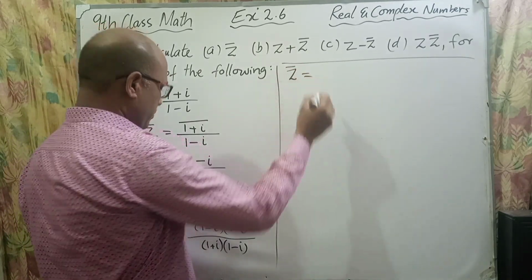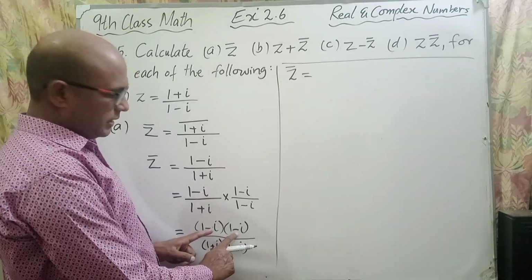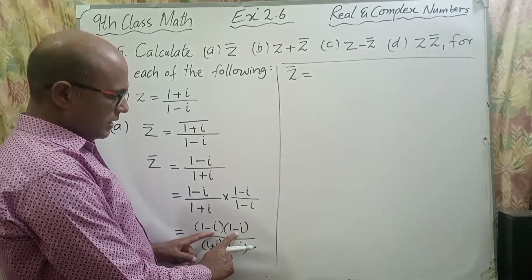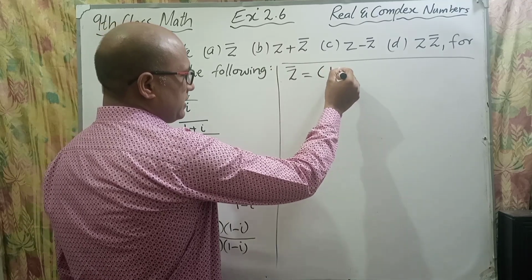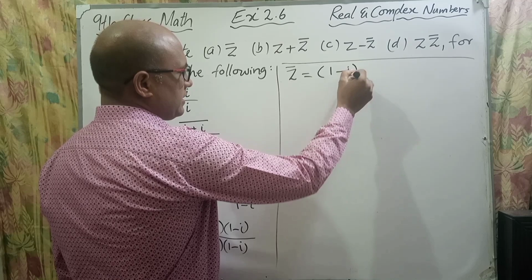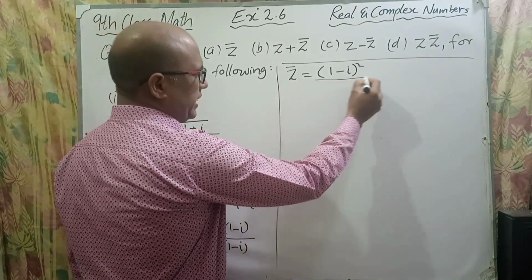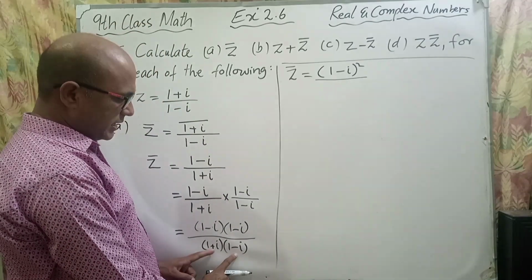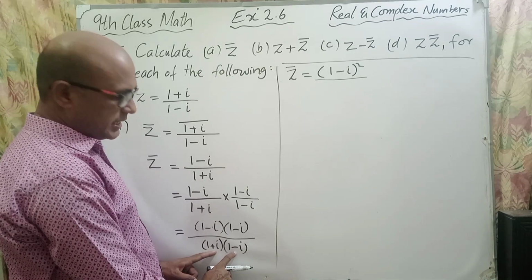Z bar is equal to, look at the numerator, both of these brackets have the same terms and same sign, so we can write its whole square: 1 minus iota square over. These two in the denominator also have the same terms, but with different signs.